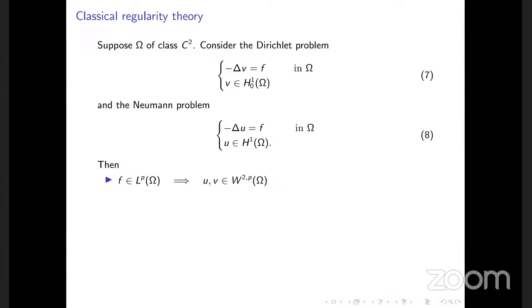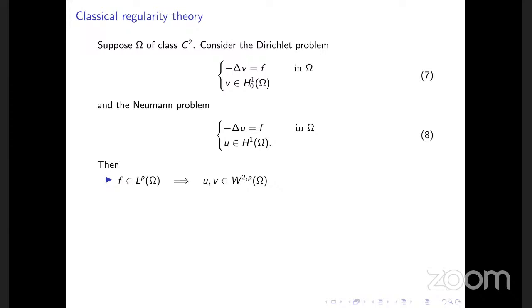In some textbooks they use the word strong solutions because when I have f in L^p, then I know that the fractional Laplacian of u or of v, which is the solution to the Dirichlet or Neumann problem, is pointwise defined. In fact, it is in L^p. In other textbooks they also call this the Calderón-Zygmund theory.